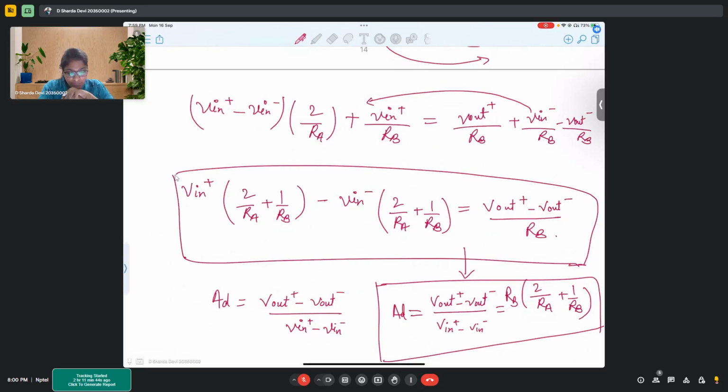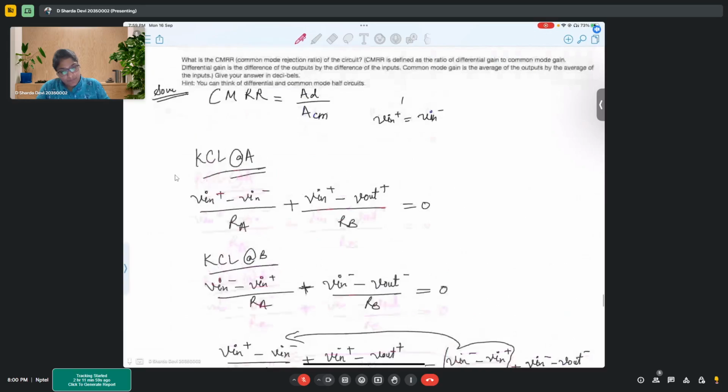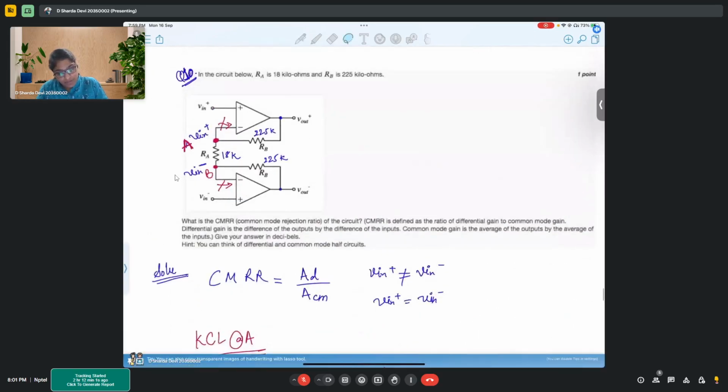Yes, we should apply an equal signal to find ACM. So when you apply an equal signal, what would happen is no current would be flowing through the resistor in the center as well.